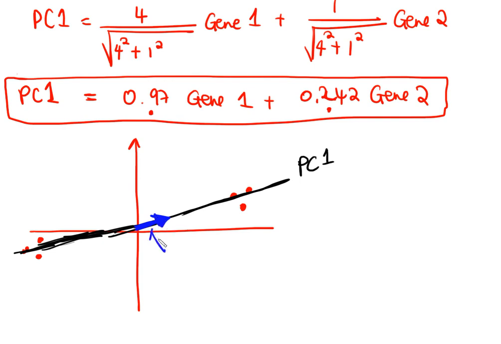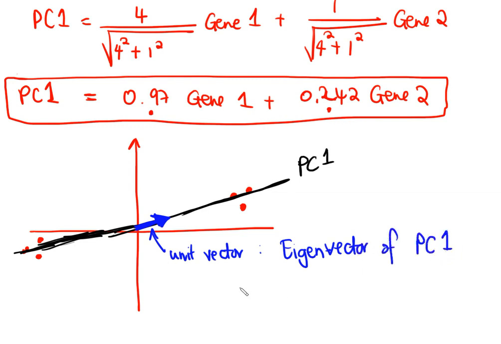Unit vector just means magnitude 1. So we've created a unit vector along that direction, and this unit vector has a special name. It is called the eigenvector of PC1, or the singular vector of PC1.